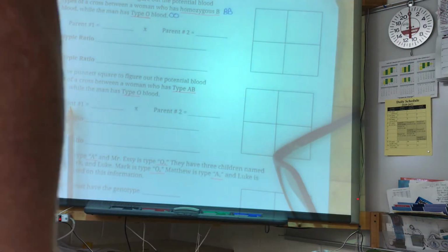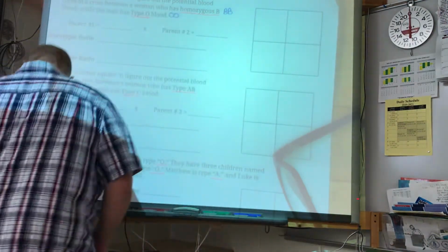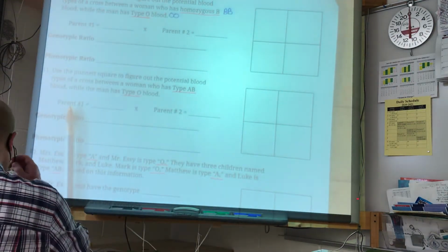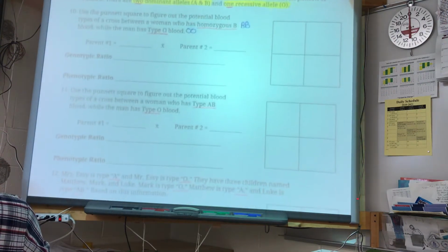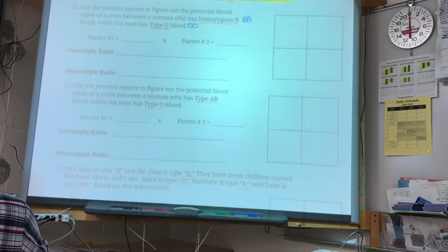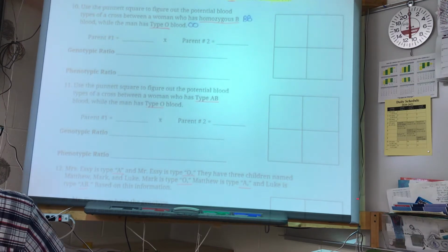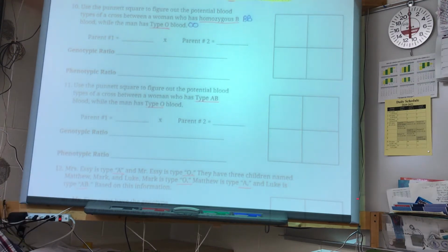So if you're blood type A, you could be AA or AO. If you're B, you could be BB or BO. AB means you have an A and a B, and that's the only option you have because you are codominant. You see both the A and the B, and if you are blood type O, the only thing you can be is recessive. You're OO.